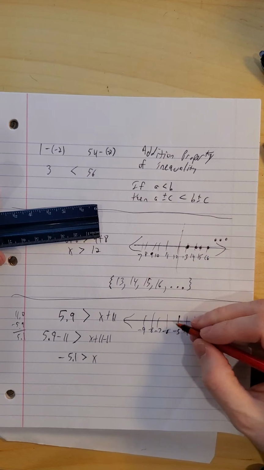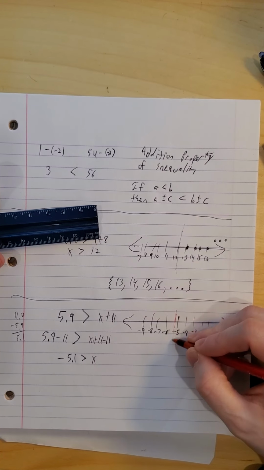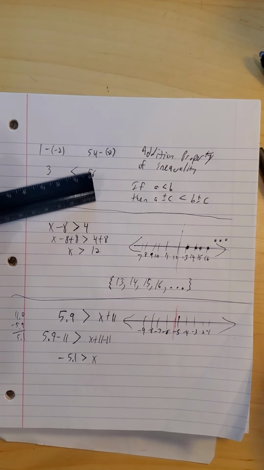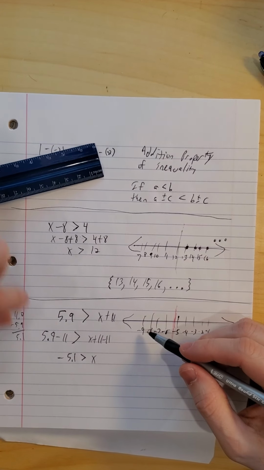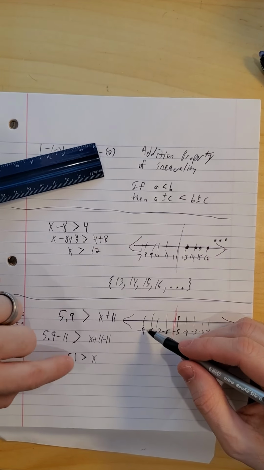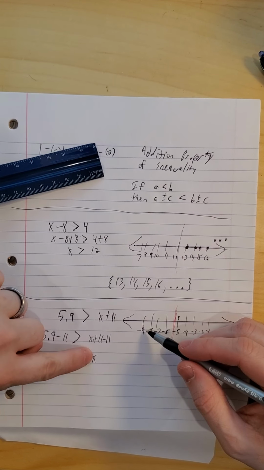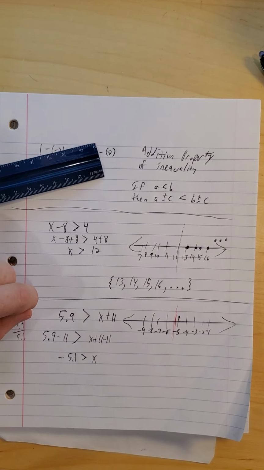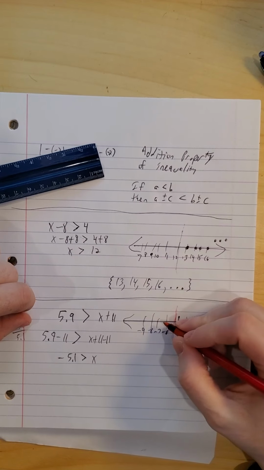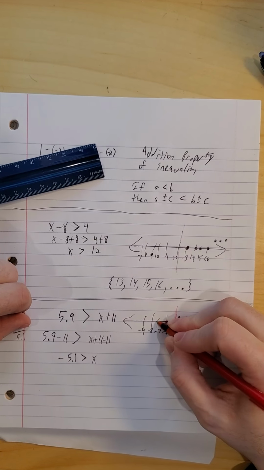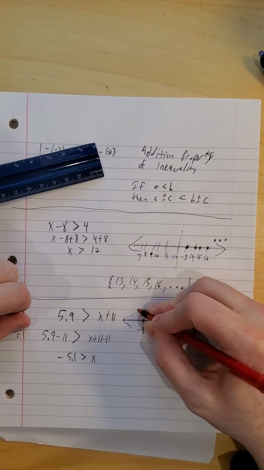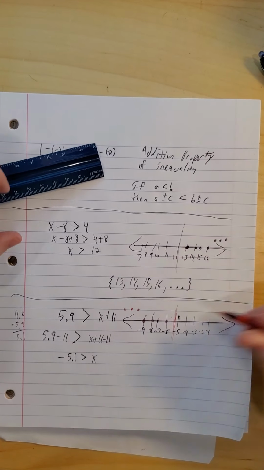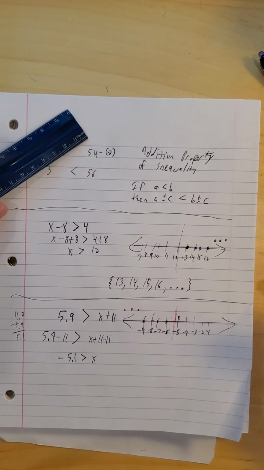Negative 5 1/10 is right about here, kind of in between the negative 6 and the negative 5. So negative 5 1/10 is greater than negative 9. That is a true statement. So I want this side, and we'll go forever to the left side this time.